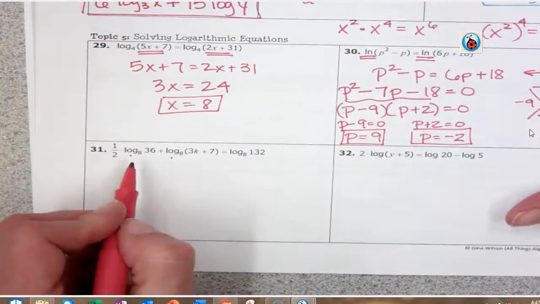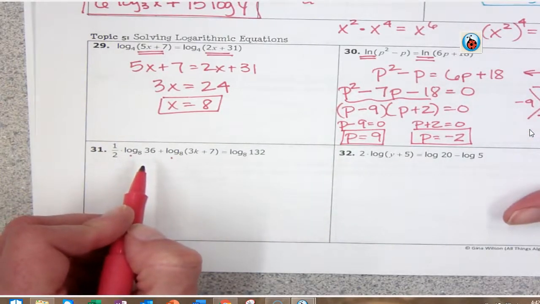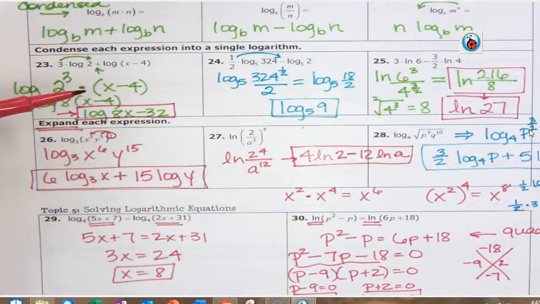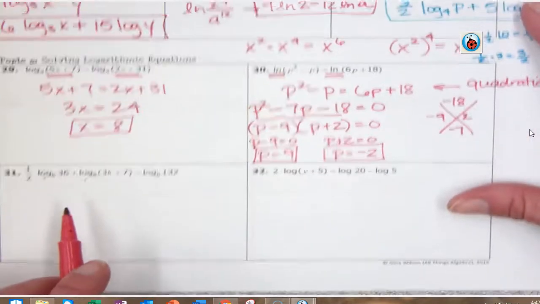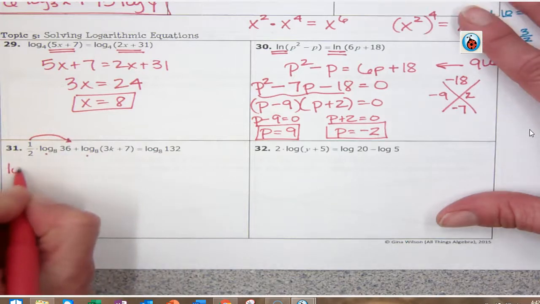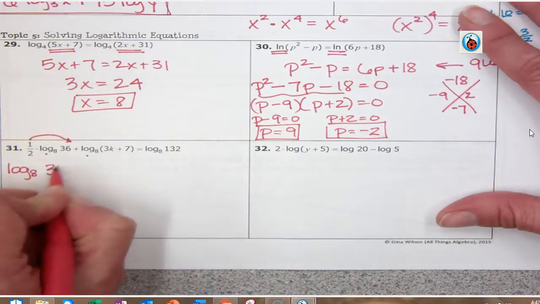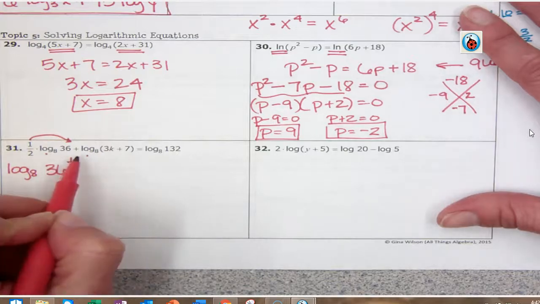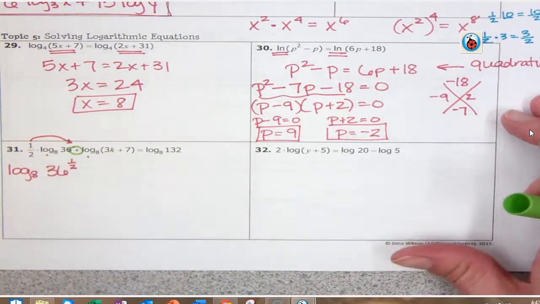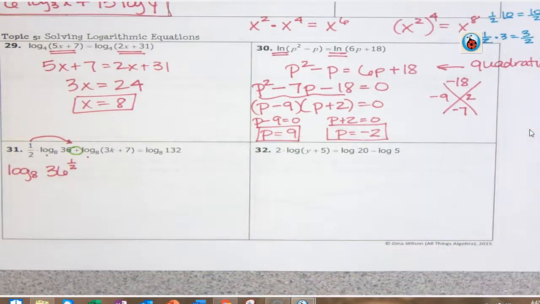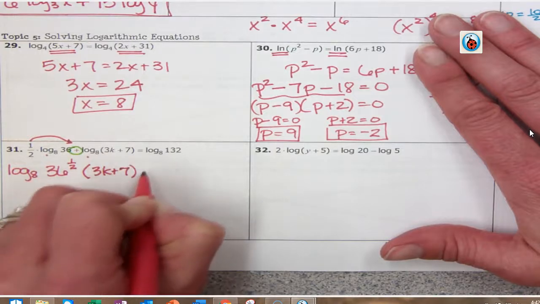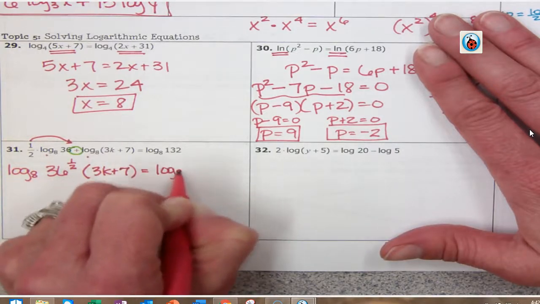In order to condense, I'm using my properties, which we did up here in the condense section. So I'm going to come back down here and use my properties. I'm going to move this 1/2. So I've got log base 8 of 36 to the 1/2, and since there is a plus sign, the product rule is multiplication, so that's times 3k plus 7 equals, and I still have my logarithm.